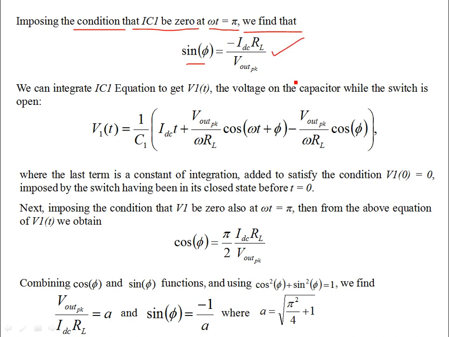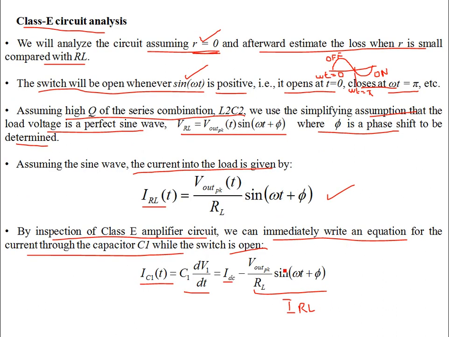How does this come out? Look at this expression: if you replace omega t by pi, that is the instant when the switch closes.